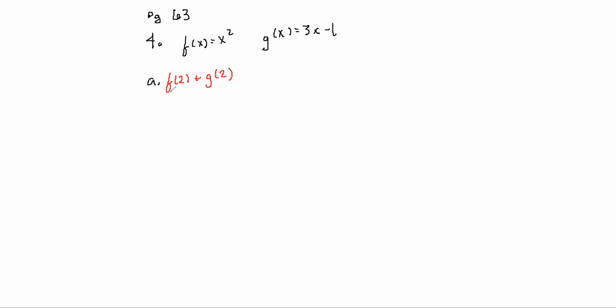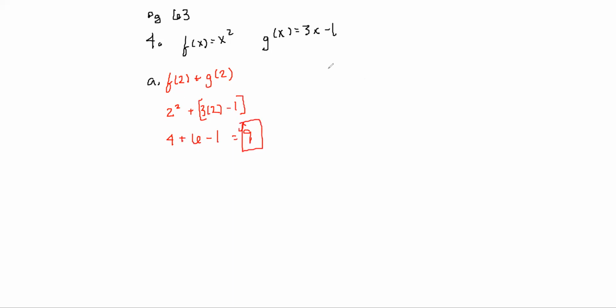Well, we know what the function f is. So it's x squared. So this is going to be 2 squared plus 3 times 2 minus 1. So it's going to be 4 plus 6 minus 1, or 9.